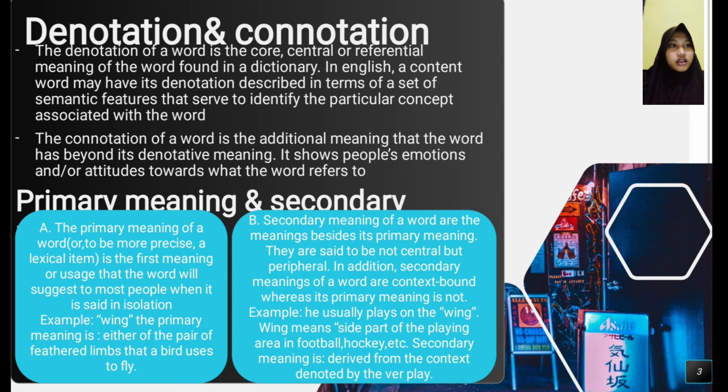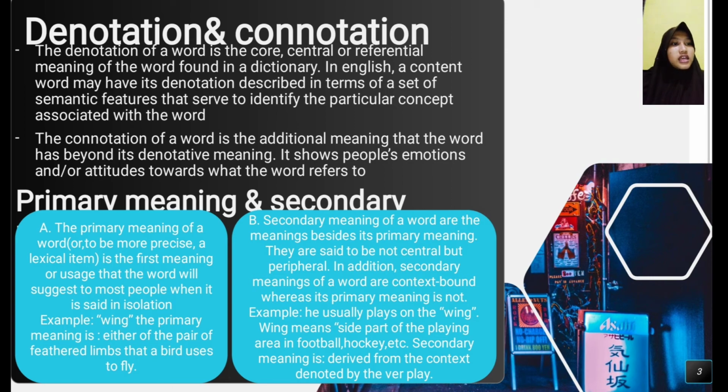Secondary meanings of a word are the meanings besides its primary meaning. They are said to be not central but peripheral. In addition, secondary meanings of a word are context-bound, whereas its primary meaning is not.